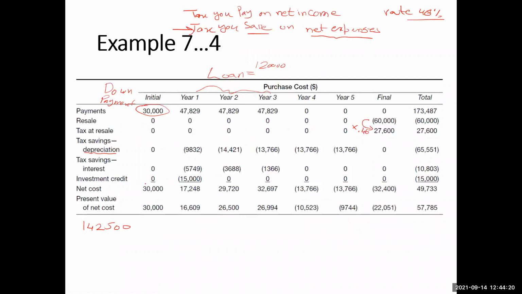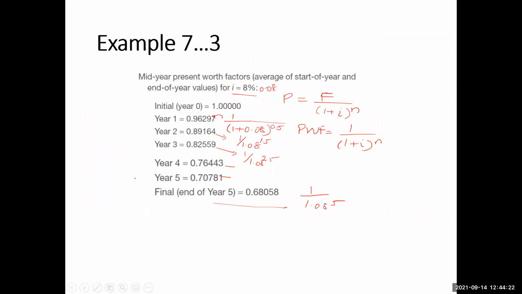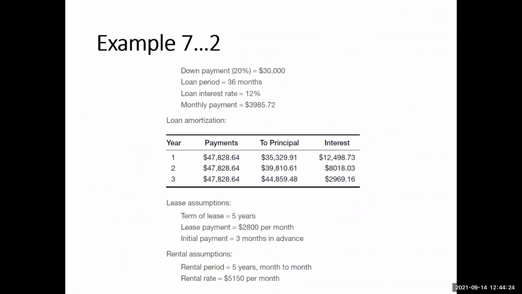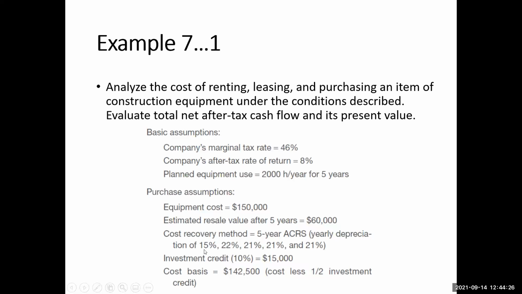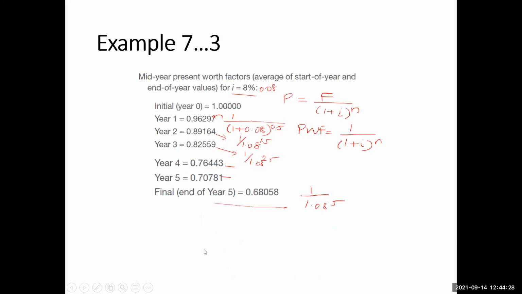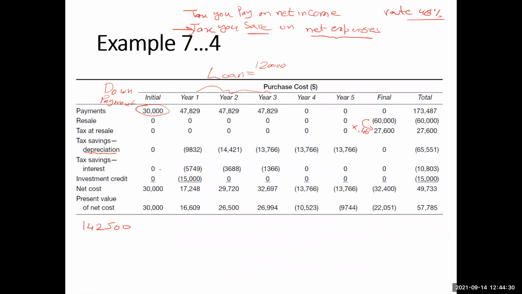This depreciation will be 15% in this first year, so 142,500 times 0.15 will be the depreciation. Because this will be your net expense, there will be a tax saving of 46%.